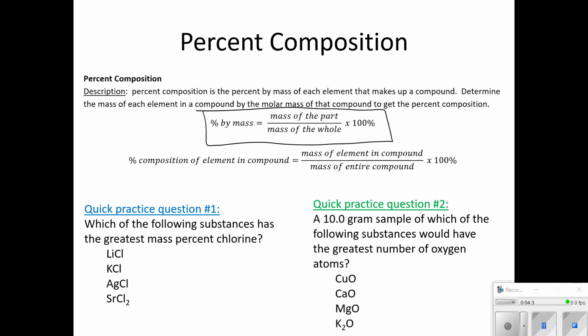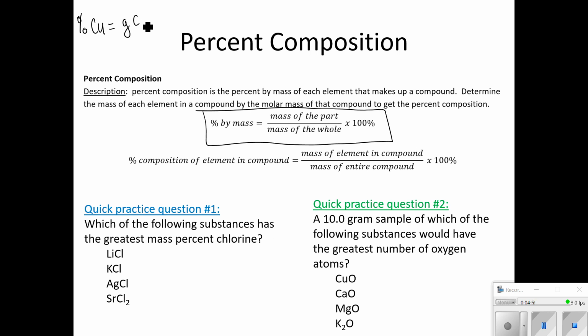And the percent by mass of something is the mass of the part divided by the mass of the whole. And that could be looking at a mixture. Like we did a lab where we tried to figure out the percent copper in a sample of brass, if you remember that, and we used spectrophotometry. So we found the percent by mass of copper in a brass sample.